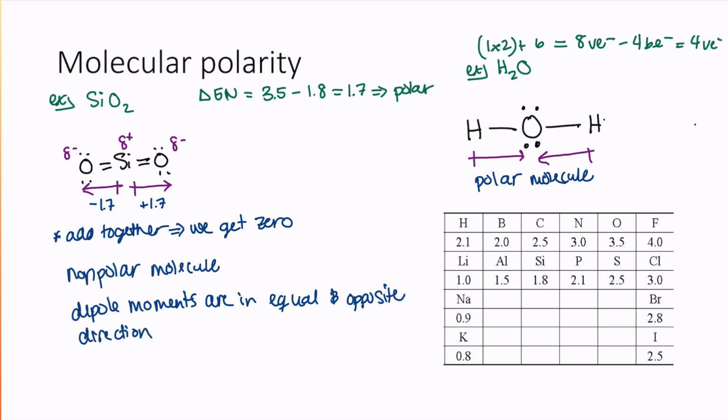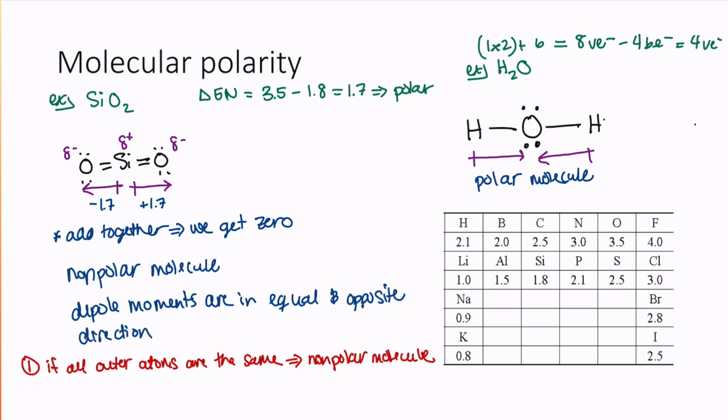So there's kind of two things you can look at. If all of the outer atoms are the same, you're going to have a non-polar molecule. If all of the outer atoms are not the same, then it's going to be polar if there are polar bonds present.